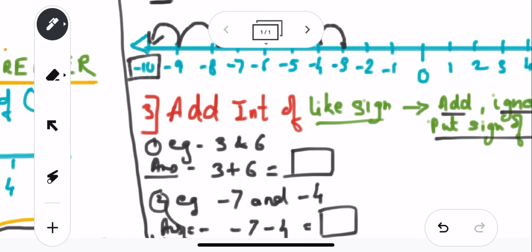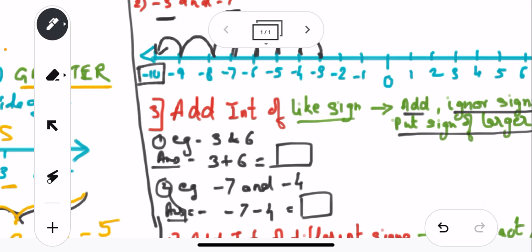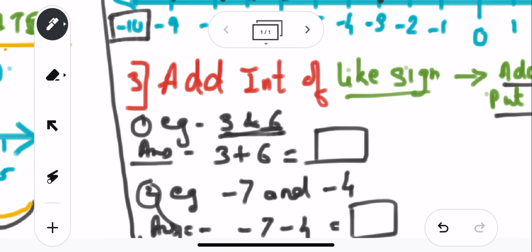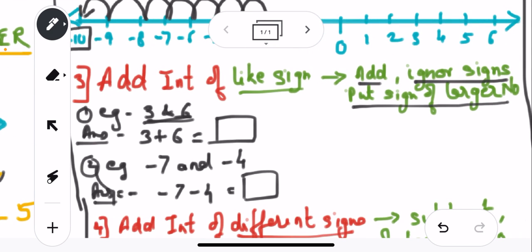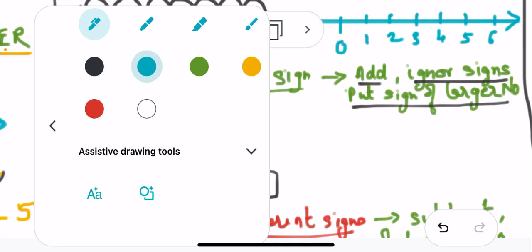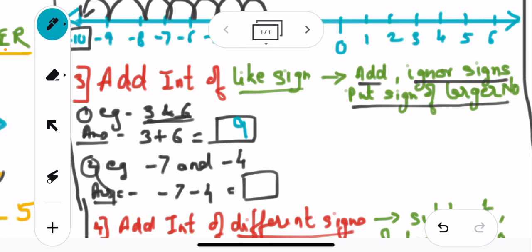When we have to add integers of like sign, means if you see 3 and 6, they are of the same sign, there are a few steps you have to follow. First, add them like a normal addition. 3 plus 6 is 9, so I'll write 9 here.